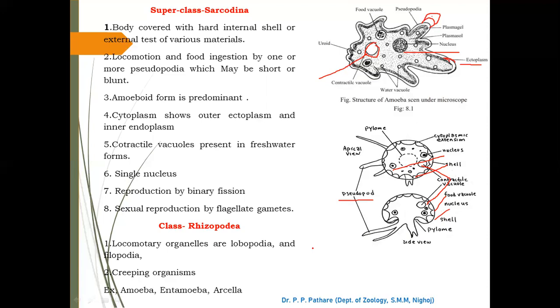If you want to observe the creeping type of locomotion, just observe any larva of an insect. They can contract their whole body, then relax it, and then move upward, contract, relax.